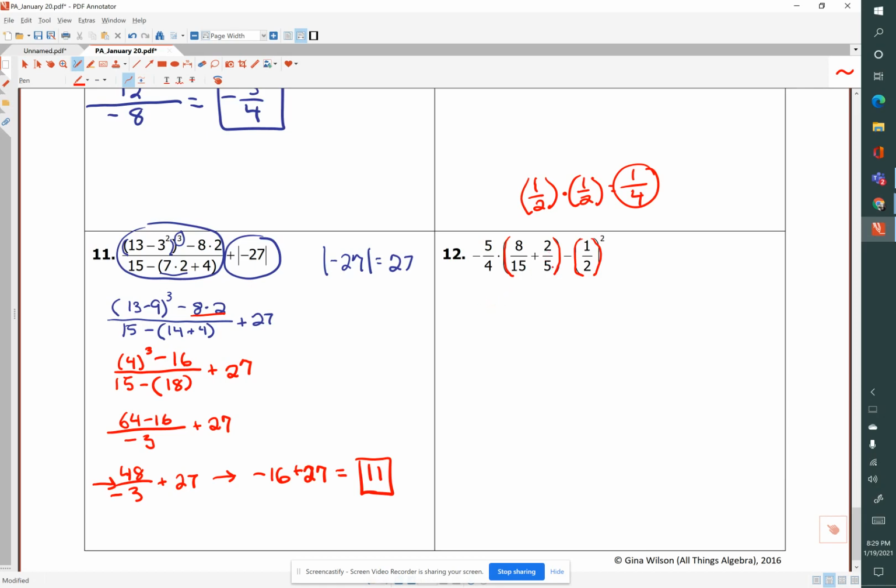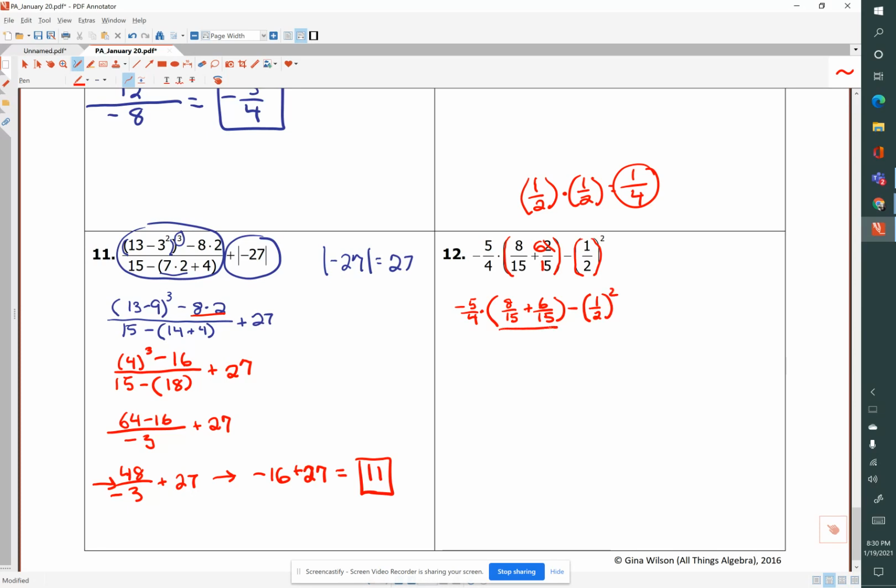And we're going to convert the 2/5 to 15ths. So if we make this a 15, 5 goes into 15 3 times, so we're going to take that 3 and multiply it by the 2, which will make it 6/15. So left to right, -5/4 times, so we have 8/15 plus 6/15 minus the quantity of 1/2, which is raised to the second power.